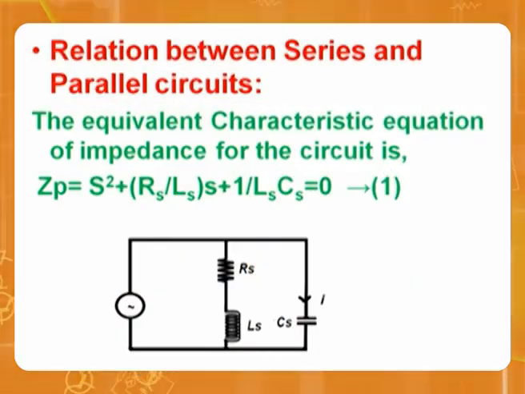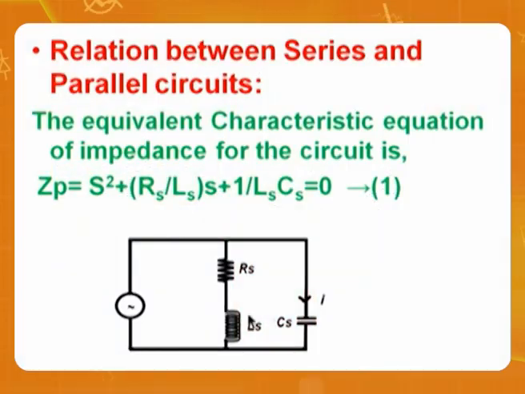You need to continue. Relation between series and parallel circuits. The equivalent characteristic equation, you will get it as this is series. As I told you, there are two parallel circuits. One is LC, where R is in series with the inductor. In our basic study, we have taken this R also in parallel.